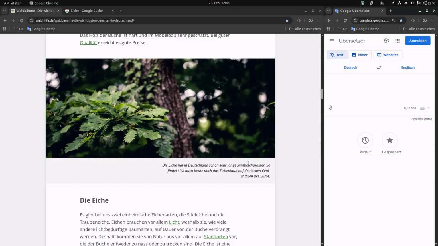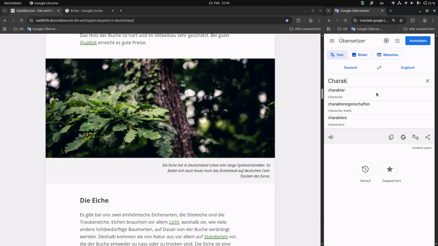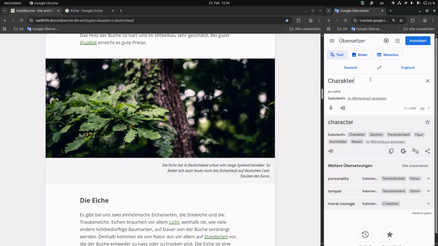So, Symbolcharakter, which means symbol, of course. Charakter is character. Don't be confused, sometimes you'll also find the word Charakter being pronounced Charakter. This is when you speak of Charakter or character, in English of course called character, in terms of a personality, for example, or I think mostly used in TV shows, in movies or films.